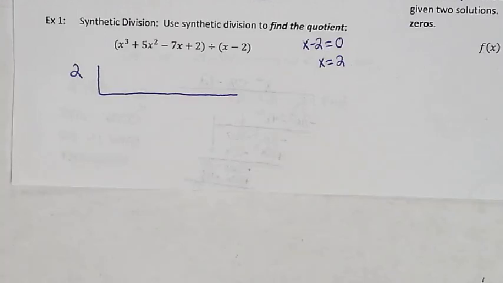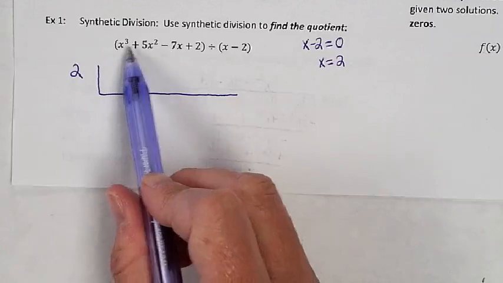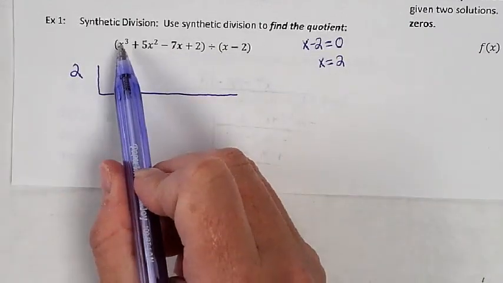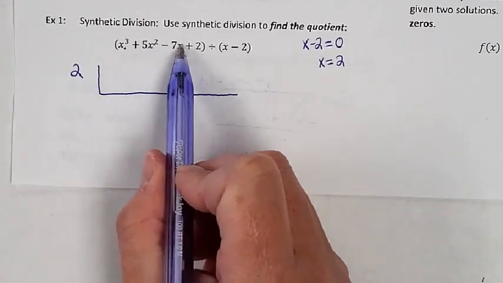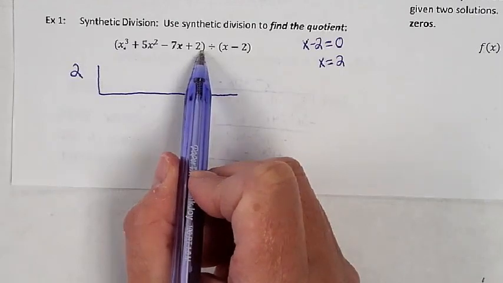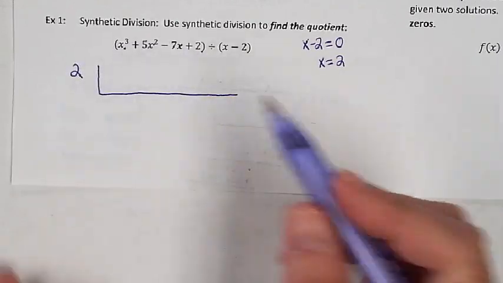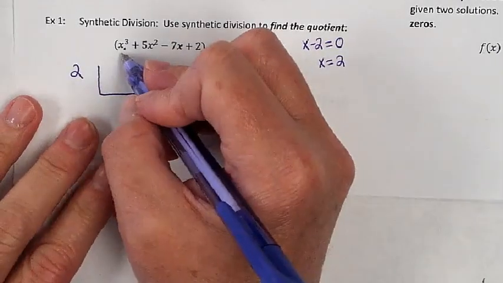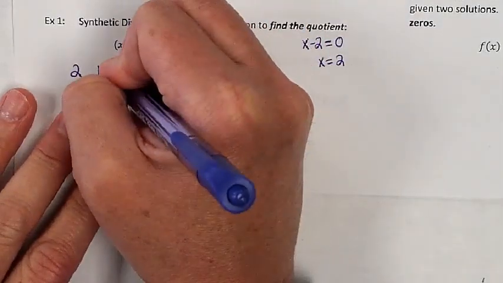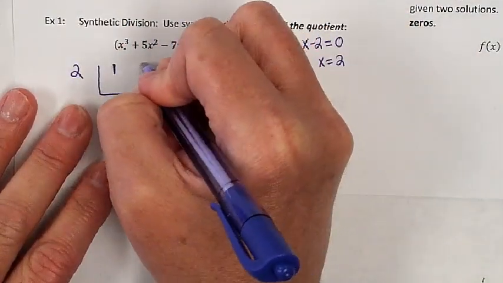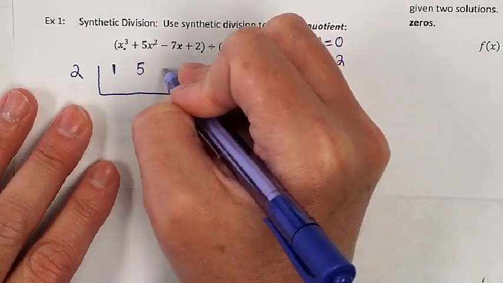Then it says set up division with coefficients only, and use 0 for coefficients of missing terms. We're not missing any terms, so we're just going to write the coefficients. The coefficient of x cubed is 1, 5x squared is 5, and then negative 7 and 2.